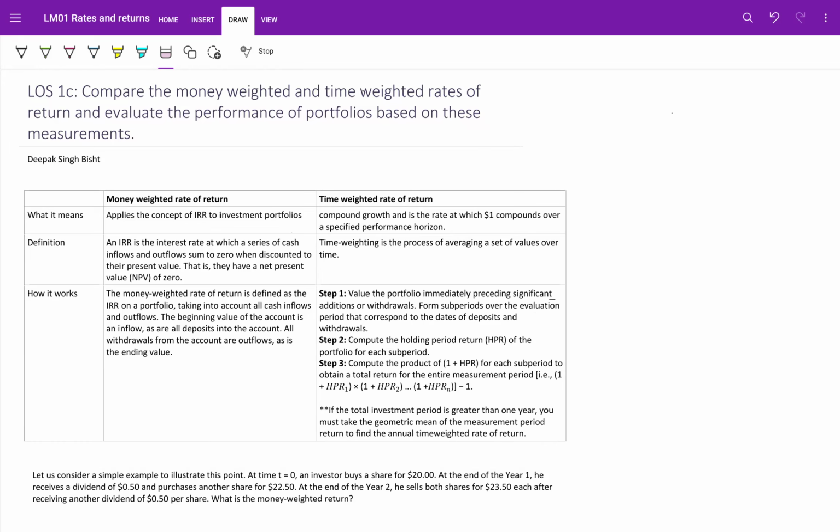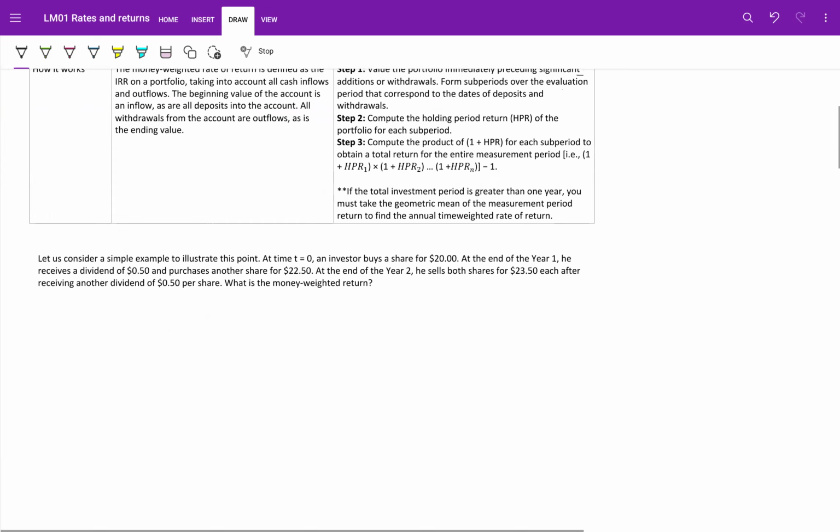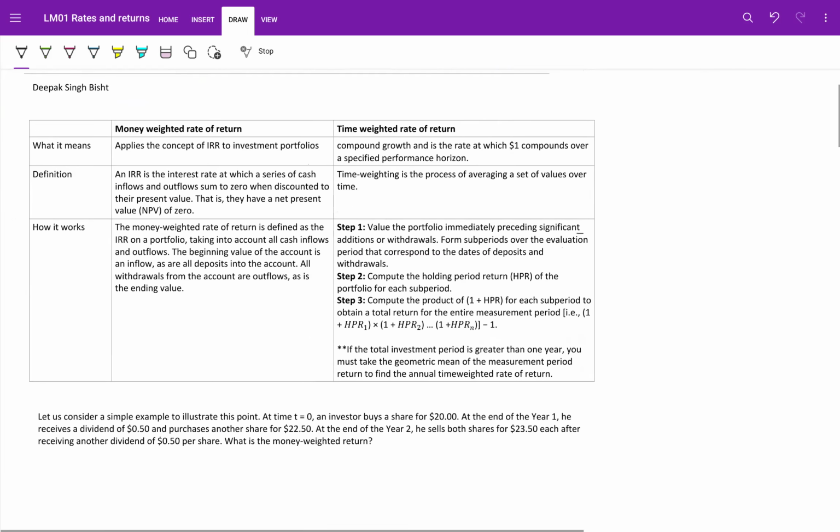Internal rate of return is a single number which represents the return generated by an investment. Let's consider an example. Let's say that you invested $100.